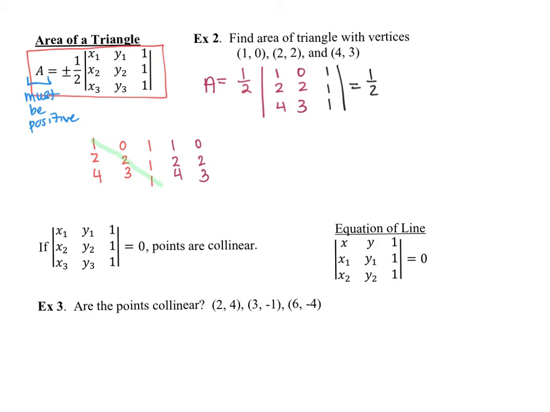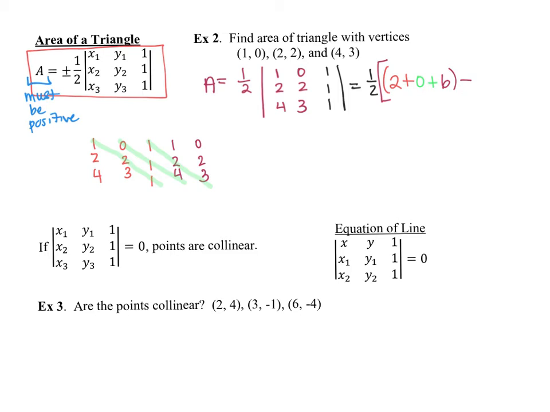Okay, 1 times 2 times 1 is 2, plus, let me go down the next diagonal. 0 times 1 times 4 is 0, plus 1 times 2 times 3 is 6. Okay, and then I have to subtract the opposite diagonals. I need a bracket here, don't I?